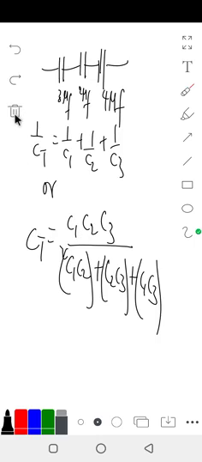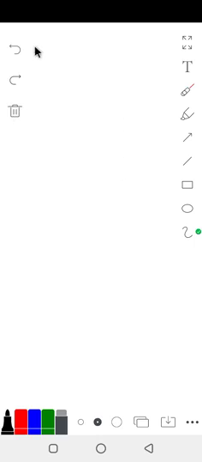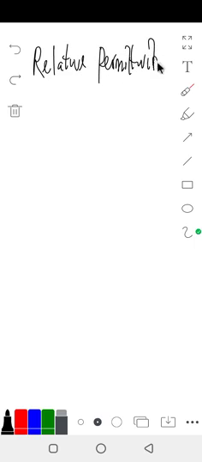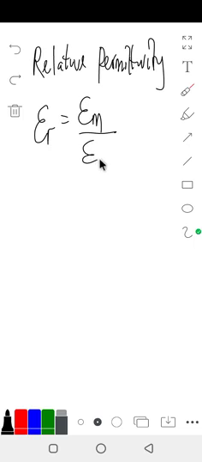Let's move on. Relative permittivity. Relative permittivity of a capacitor is calculated as what?